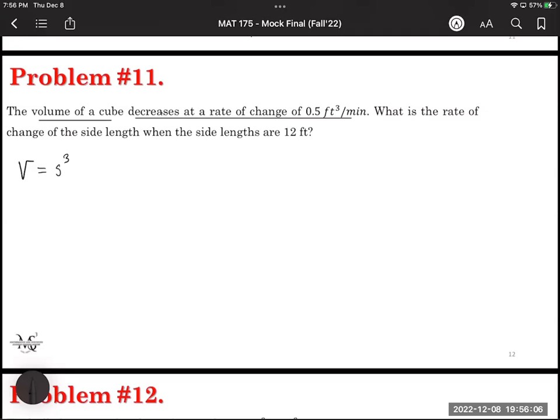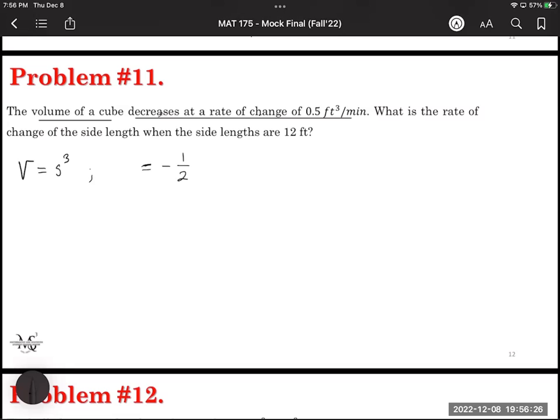So because it uses the word decreases, I know that this rate of change should be a negative value, right? It should be negative 0.5, or you could just say negative 1/2. I'm going to use negative 1/2 here. But this negative 1/2 has to equal the rate of the volume.